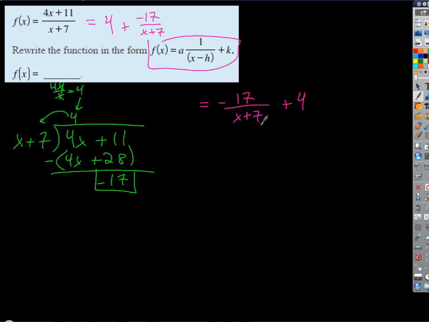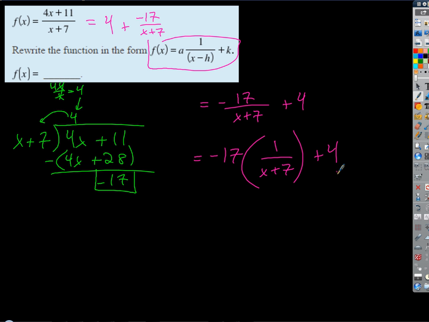And so now we can recognize that h is negative 7, right? And k is 4, but what about that negative 17? I want to write it in the form where a is out in front of the whole thing, right? So wouldn't you agree that I could take whatever's in the numerator and just factor that out of the fraction? I could just separate the two, and I could write this as negative 17 times 1 over x plus 7, plus 4, right?